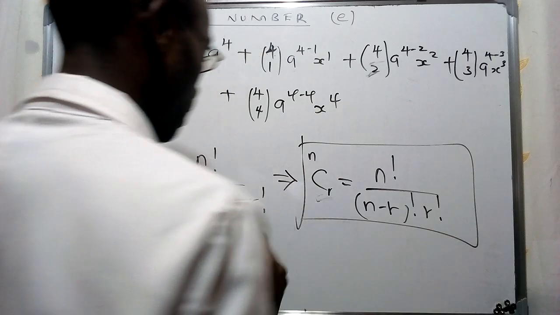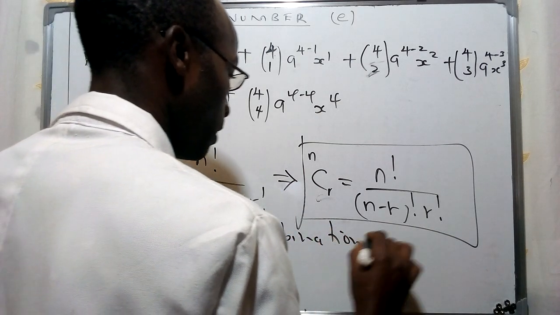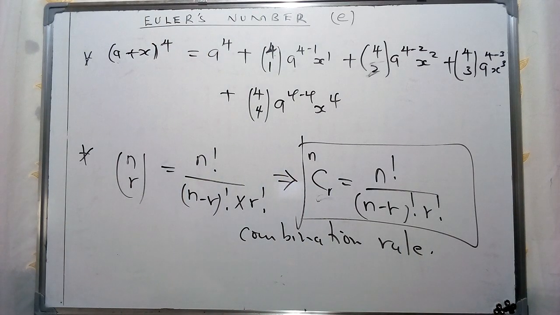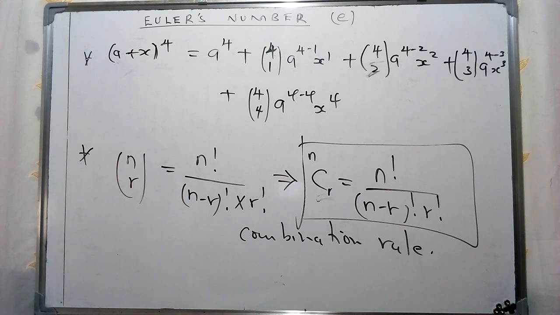This is going to be given a particular name, which I've basically said is a combination rule. And we are going to use this combination rule in order for us to find these particular values which I've just mentioned on the board.